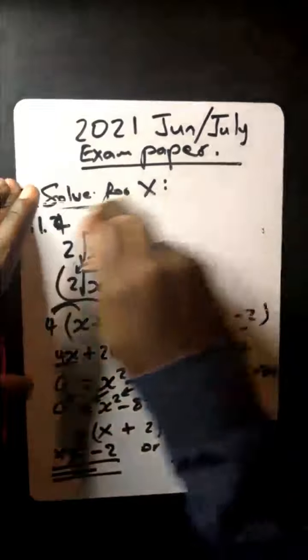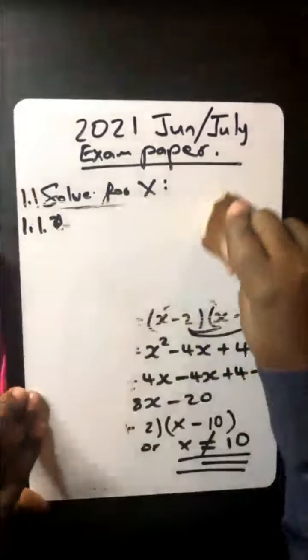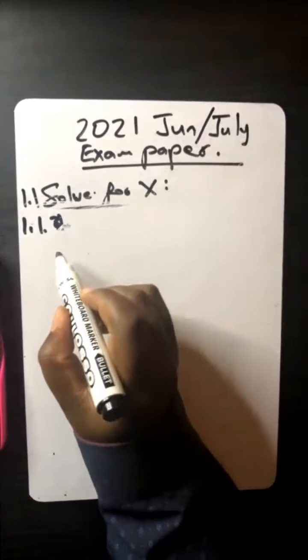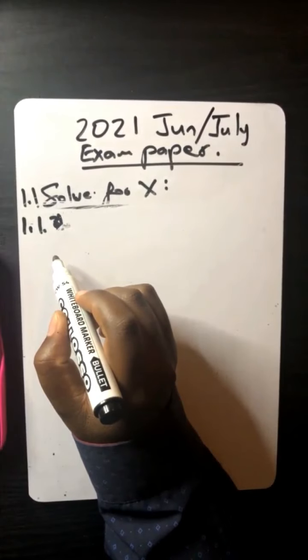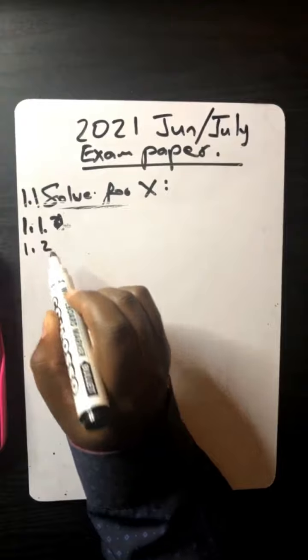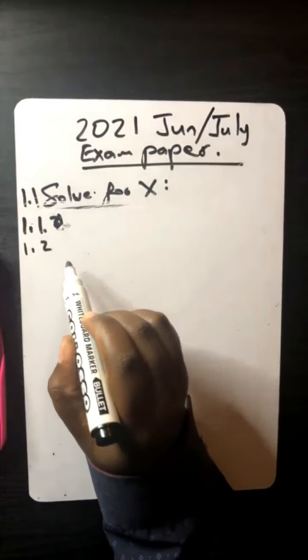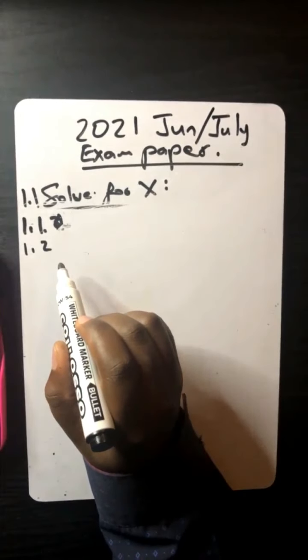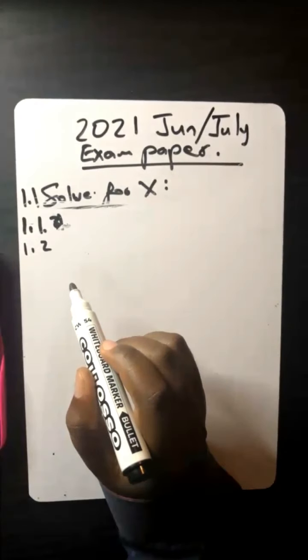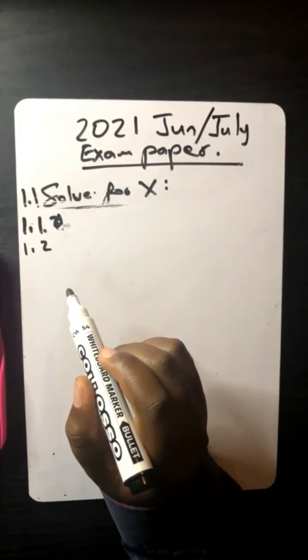Okay, so let's now move to the last question. The last question in this case is a simultaneous equation, which is 1.2. So it's not necessarily the last question, but I think we'll end it there.